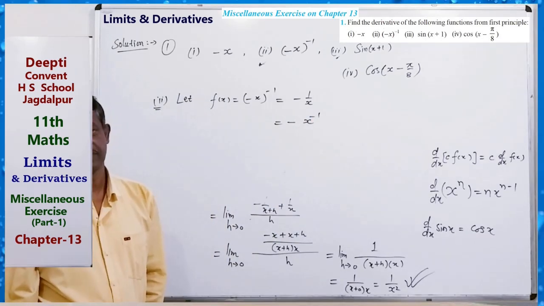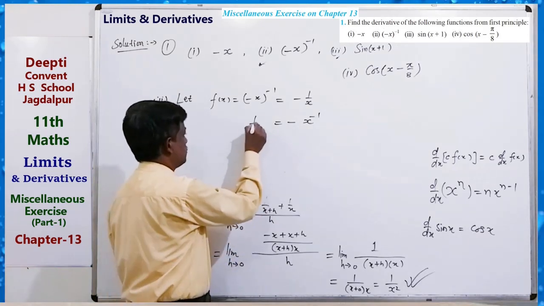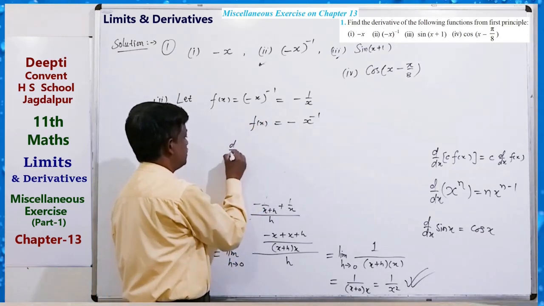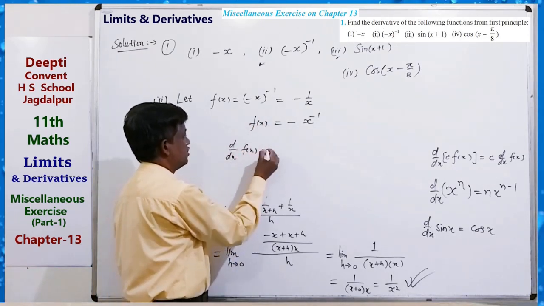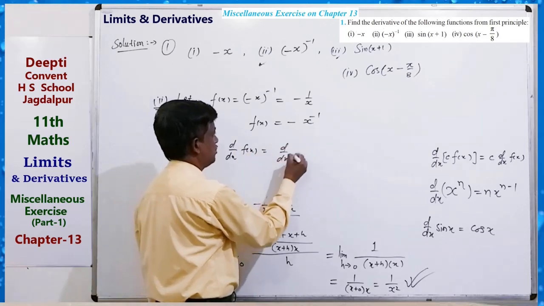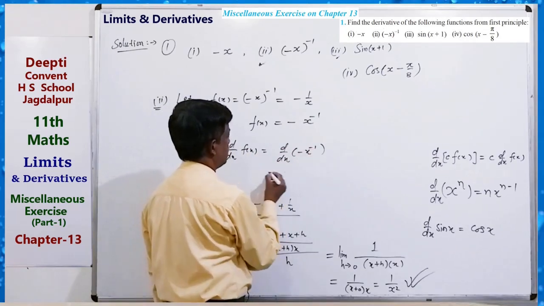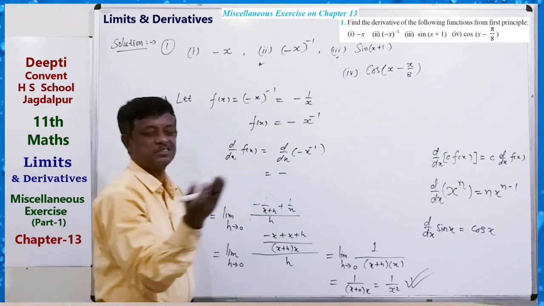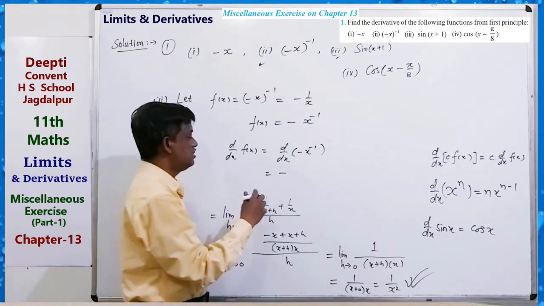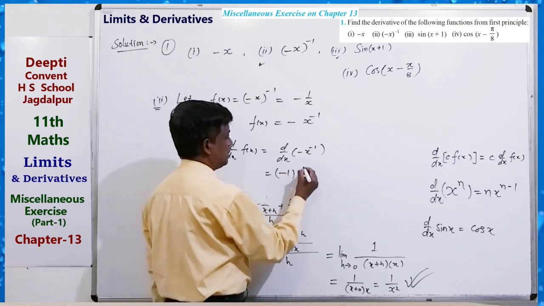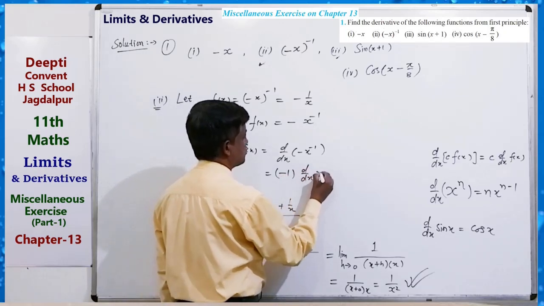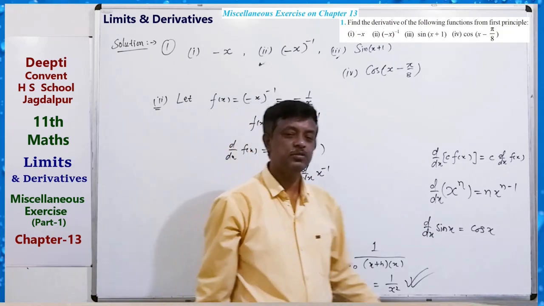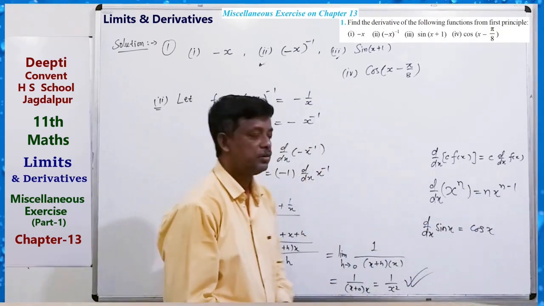Clear? f'(x) equals the differentiation of minus x to the power minus 1. As per this rule, minus 1 is a constant, so outside, d/dx of x to the power minus 1. The formula can be used for negative values also.